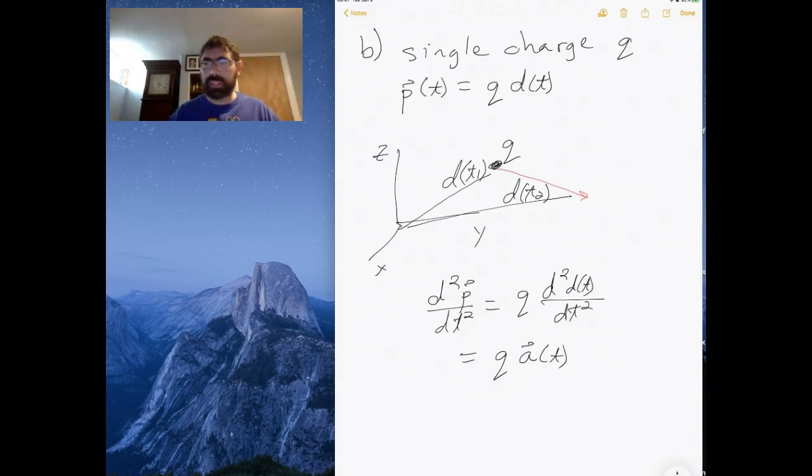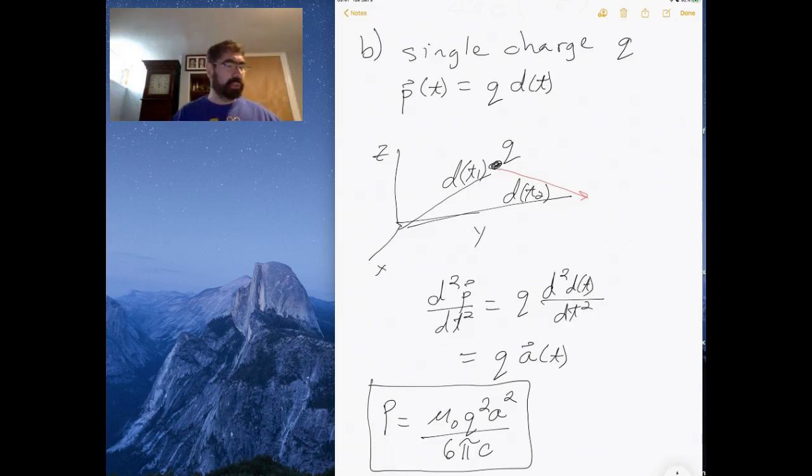Okay, so now if we put that into our formula for the power, for this particular case it is mu 0 q squared a squared over 6 pi c.